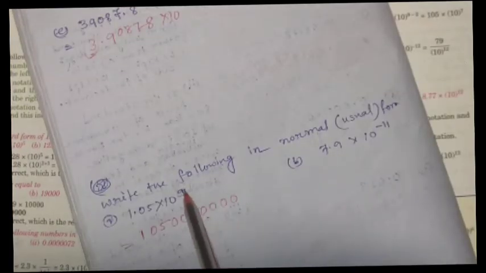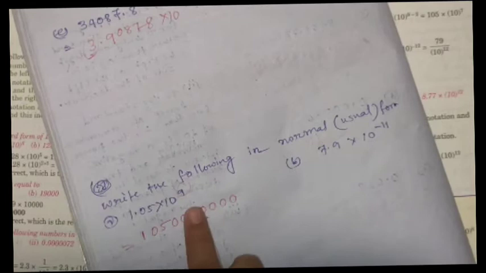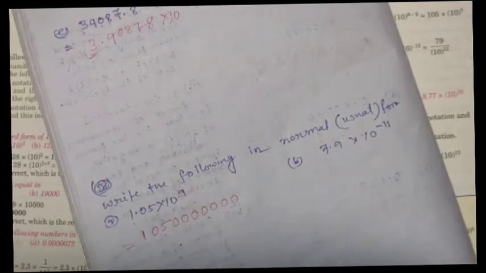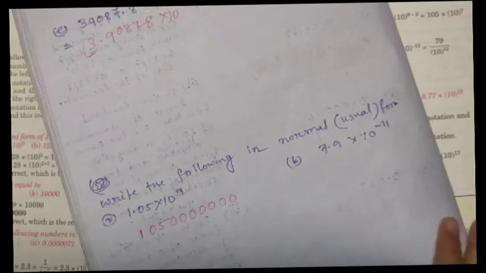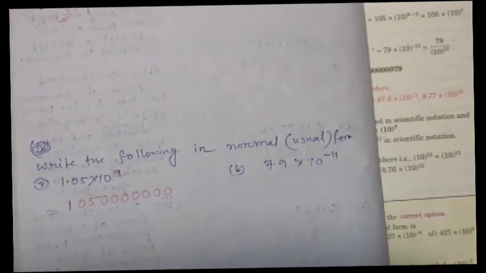So how can you convert any standard form into normal form? When the power is positive, then you have to move decimal to the right side, and when the power is negative, then you have to move decimal to the left side.